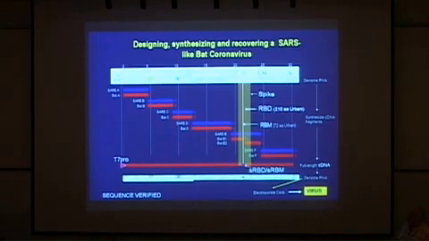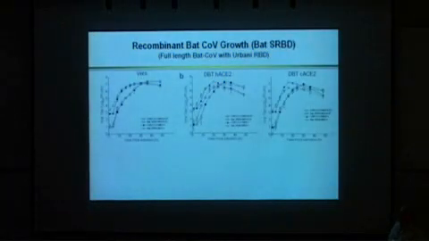This is some growth curve data showing, I think, the black boxes are the Urbani wild type and the open symbols are the bat viruses. You can see they replicate exactly as well as the Urbani epidemic strain at low and high multiplicities of infection.